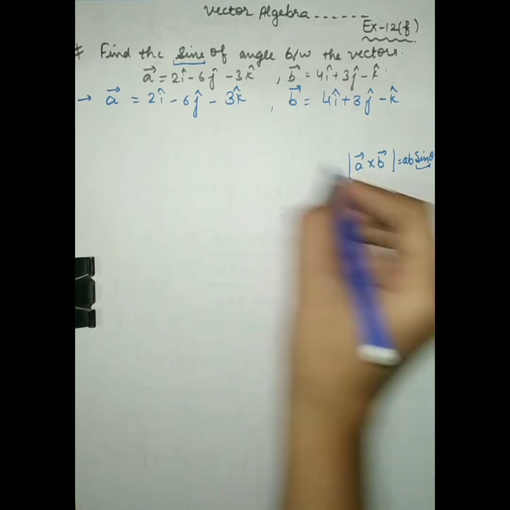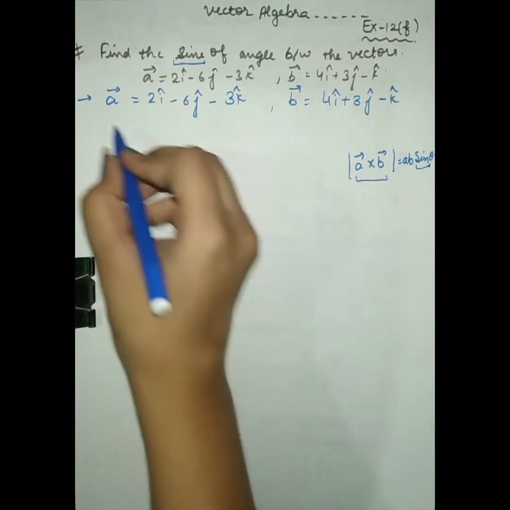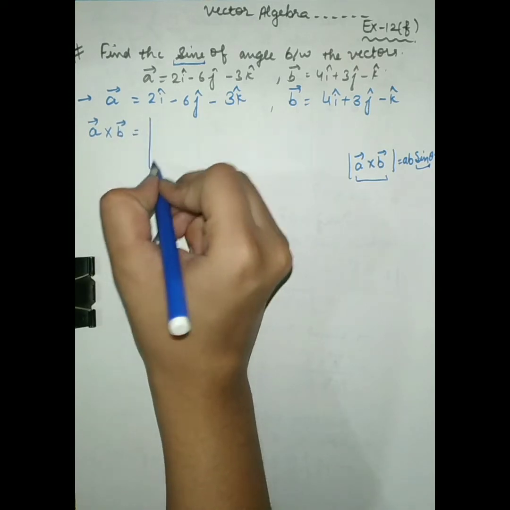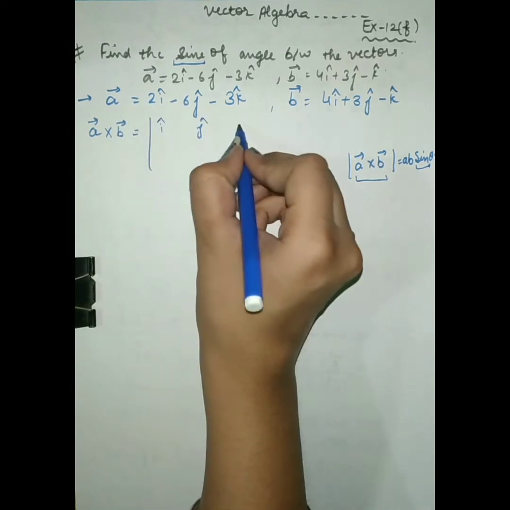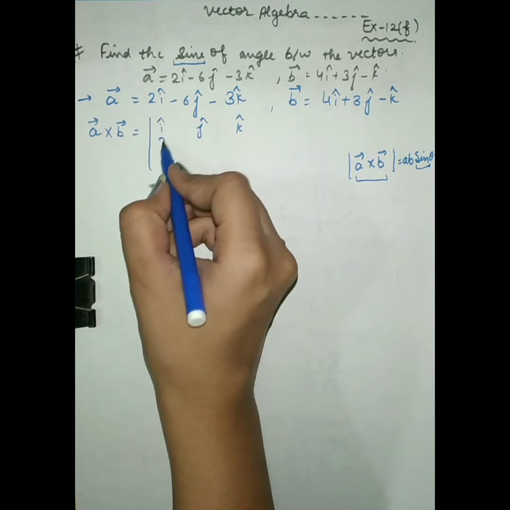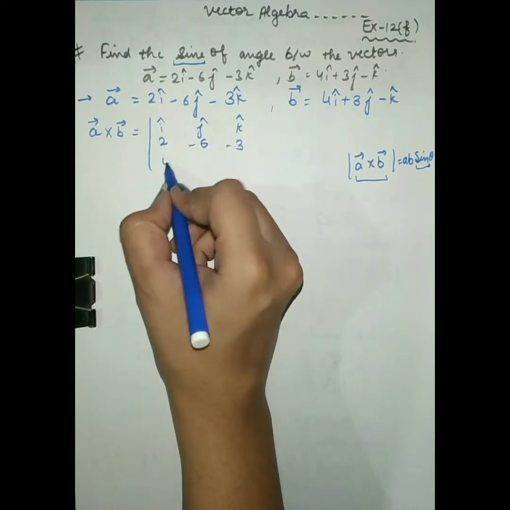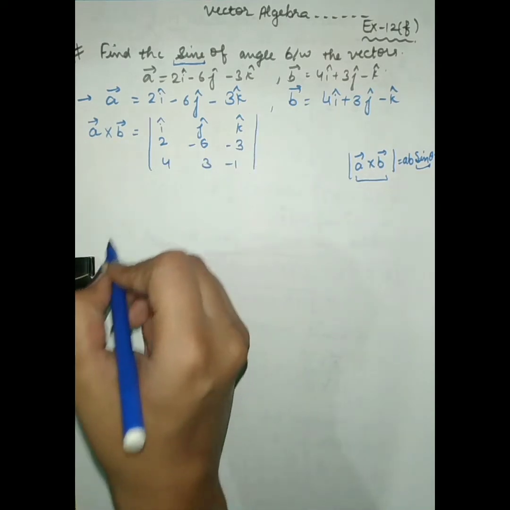For this, firstly we will find the cross product of these two vectors, that means A vector cross B vector. This will become i cap, j cap, k cap, and here we write 2, minus 6, minus 3, 4, 3, minus 1. Then we solve this.